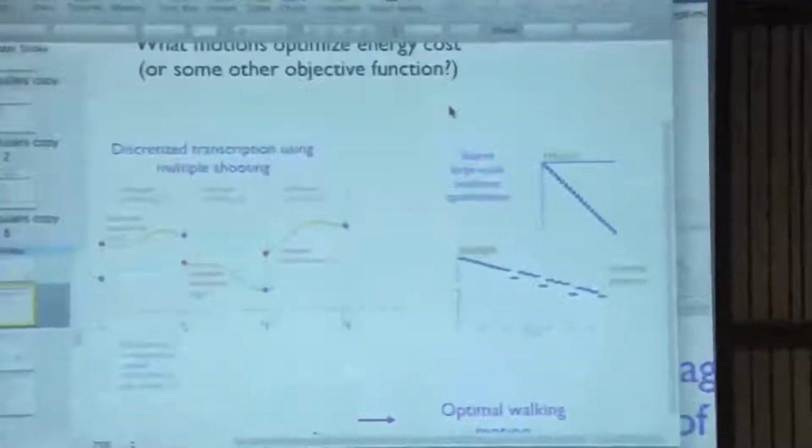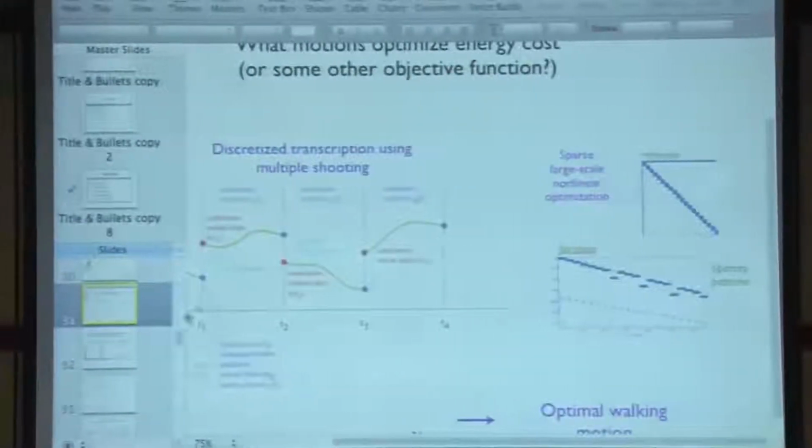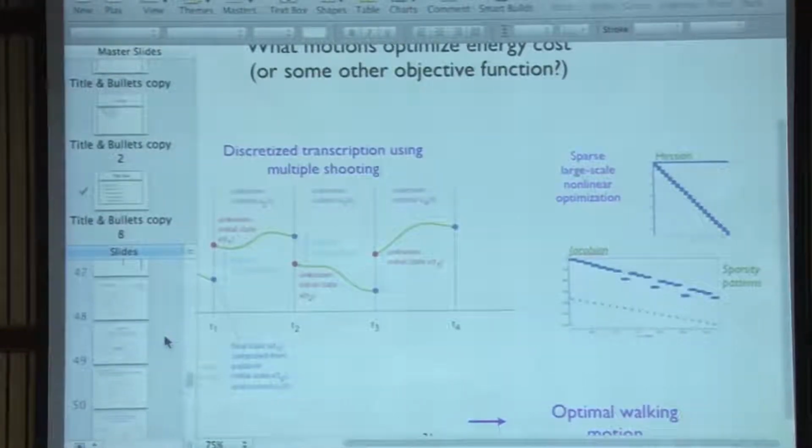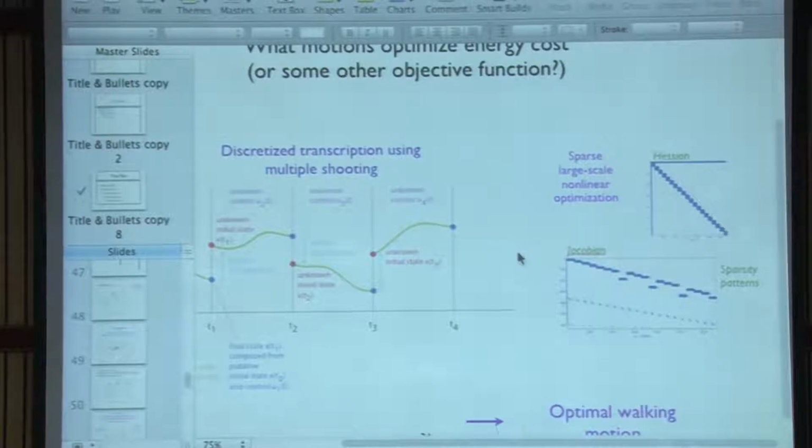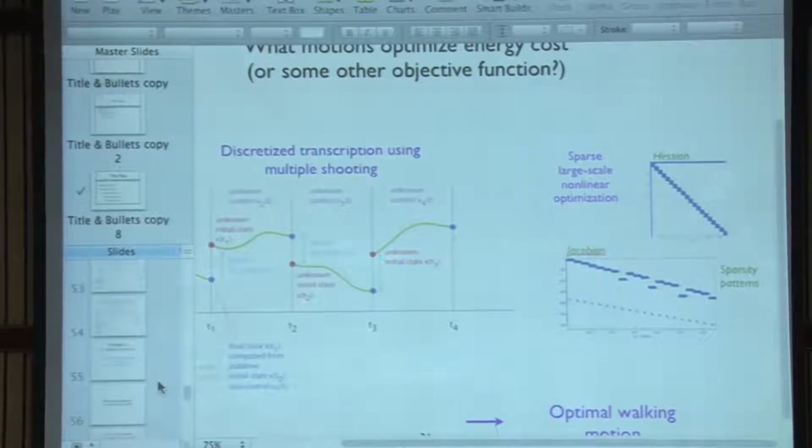So another useful aspect of the fact that these problems are very sparse is that the Jacobians can be computed very efficiently. Even though it's a 1000 by 1000 matrix, only a few entries are non-zero. So if you know which ones are non-zero, you can compute them very efficiently. Instead of doing 1000 evaluations, you might just have to do 200 or something like that.